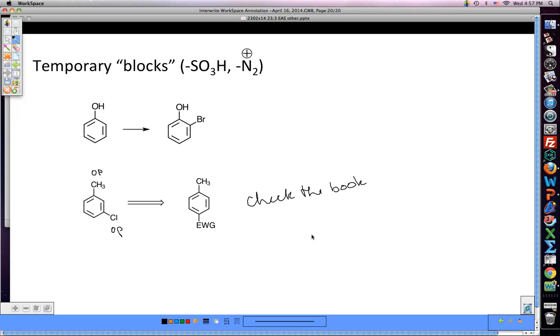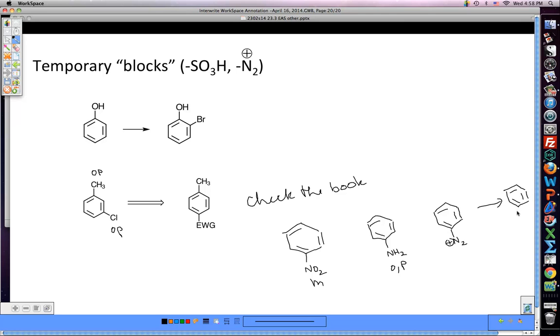It's a very clever use of the nitro group, which can be converted from a meta director to an ortho para director to the diazonium ion, which can be replaced with a hydrogen.